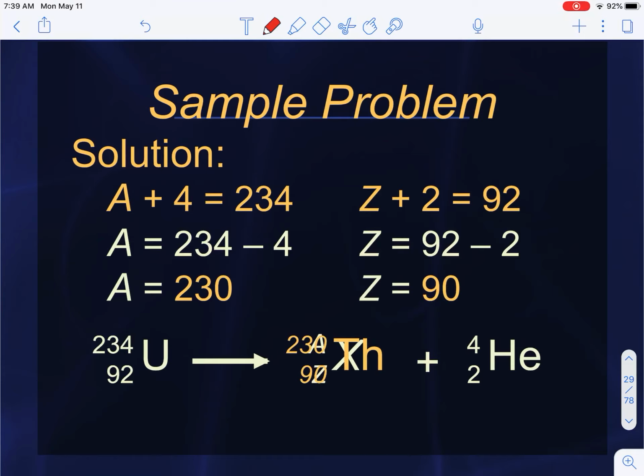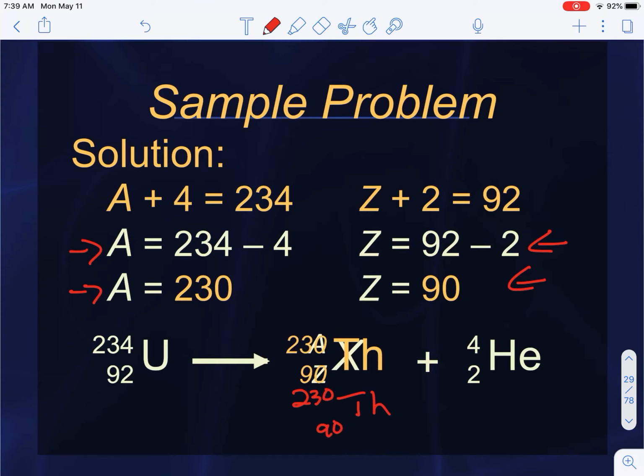Some number plus 4 has to equal 234. Basically what you're doing is 234 minus 4 and getting 230. Over here you're doing 92 minus 2 and you're getting 90. This is kind of hard to see, but it's supposed to be thorium, 230, and 90 on the bottom.